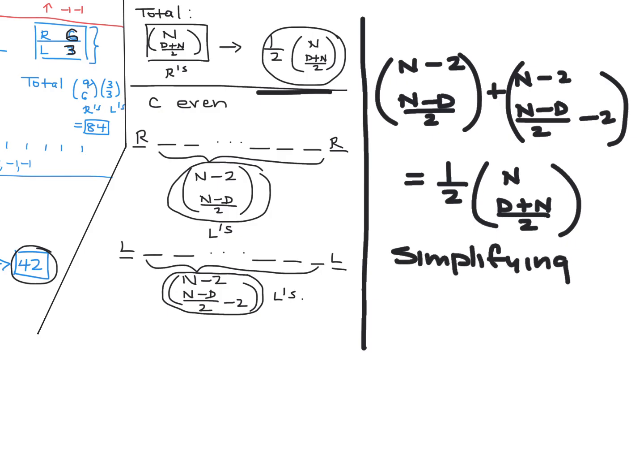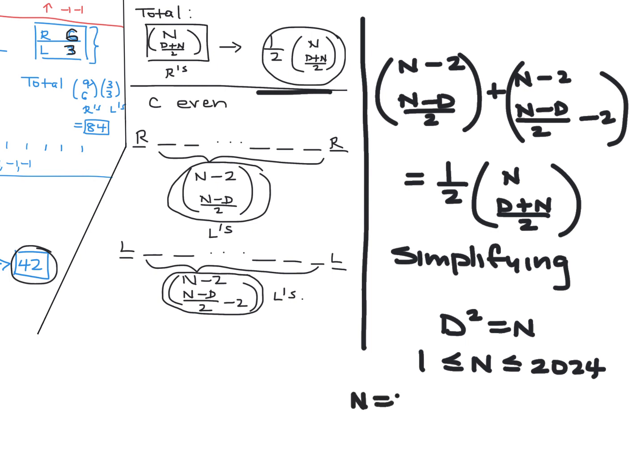Simplifying, when you crunch out all these numbers at the very end, you'll get down to d squared is equal to n. And remember, n is between 1 and 2024. So since n is equal to a square, all the numbers between 1 and 2024 that are squares would qualify.